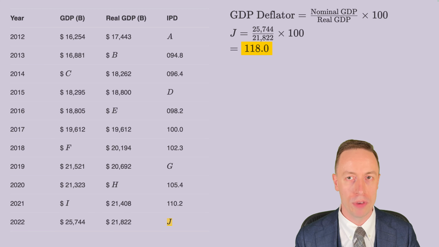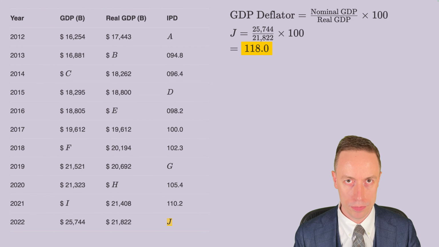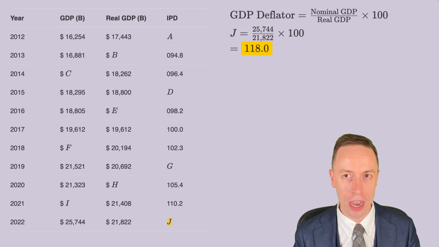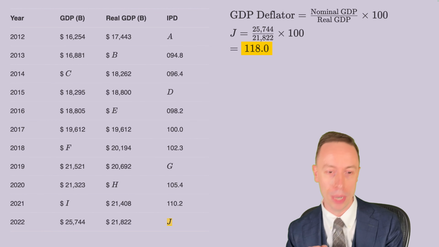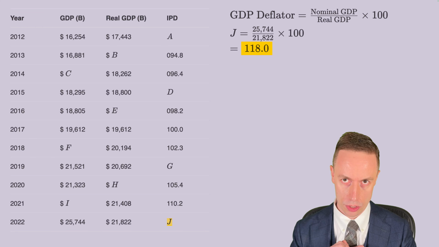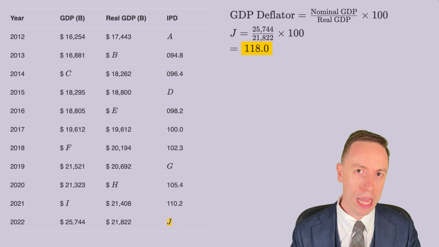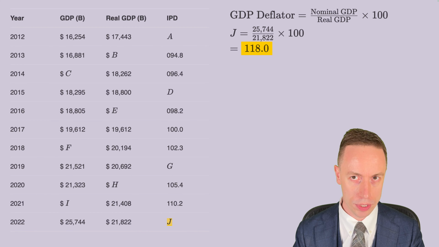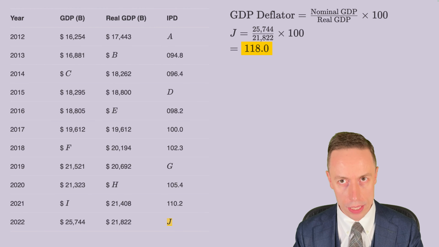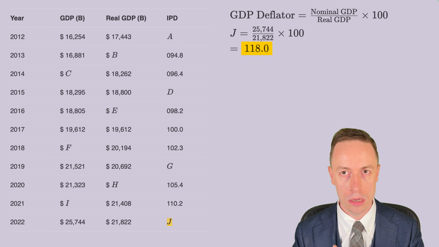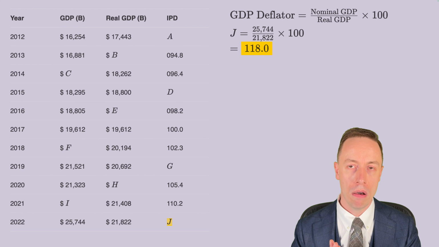Or let me phrase that as 118.0 to emphasize this is an index number. So there's no dollar value. It's definitely not a percentage. It's just a number. But what it tells us is that relative to our reference year, again, that's 2017, prices are 18 points higher.